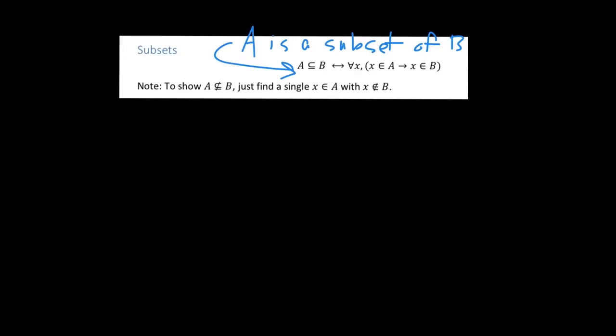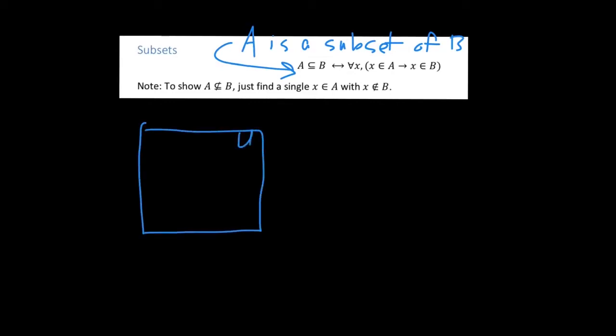But that means if you want to show A is not a subset of B, you have to find one thing inside of A that is not inside of B. So let me draw some Venn diagrams to kind of illustrate these two ideas. First I draw my universe.